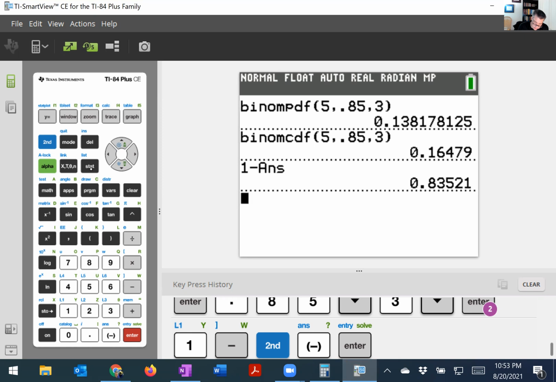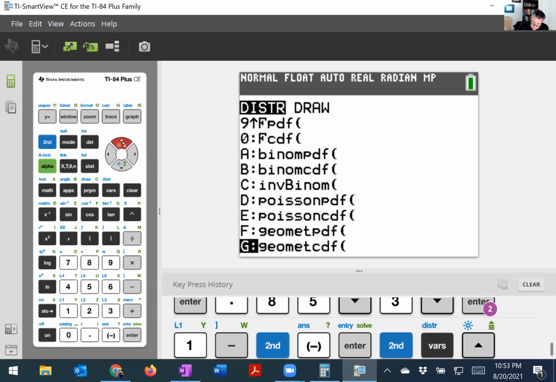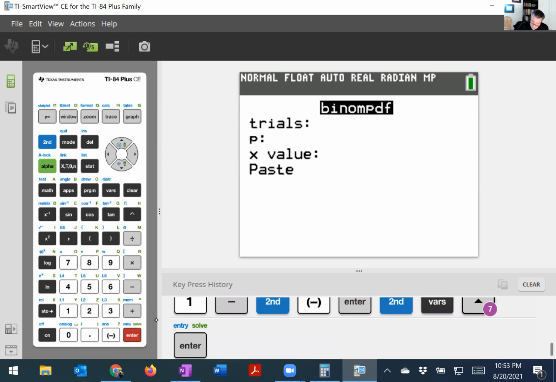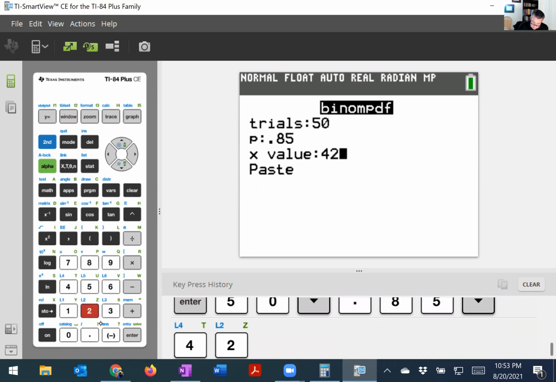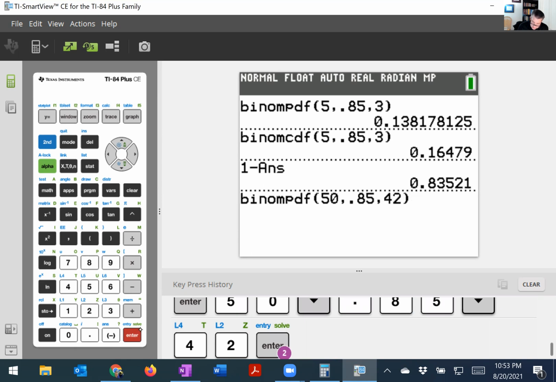I'm going to go to second vars again, arrow up and go all the way to A this time, and that's binomial PDF. How many trials do you have? I have 50 trials this time. What's your P value, your probability? 0.85. How many successes did you have? 42. Go ahead and paste that, and I get 0.1493.